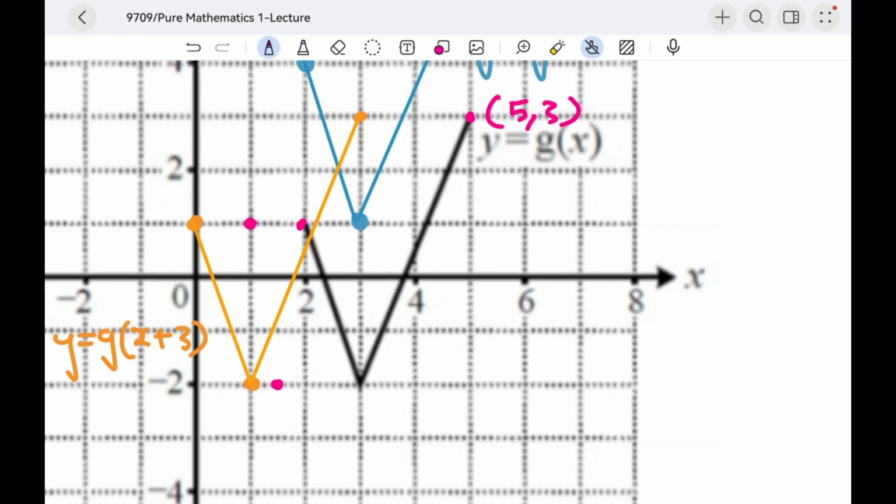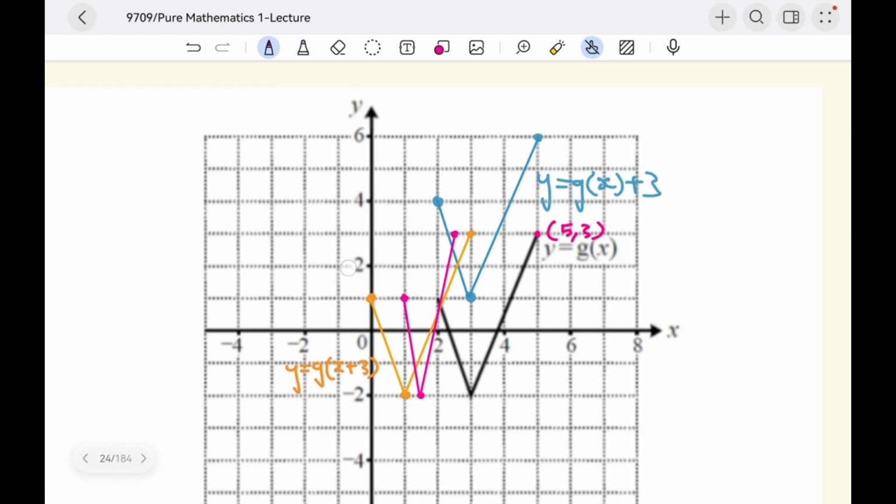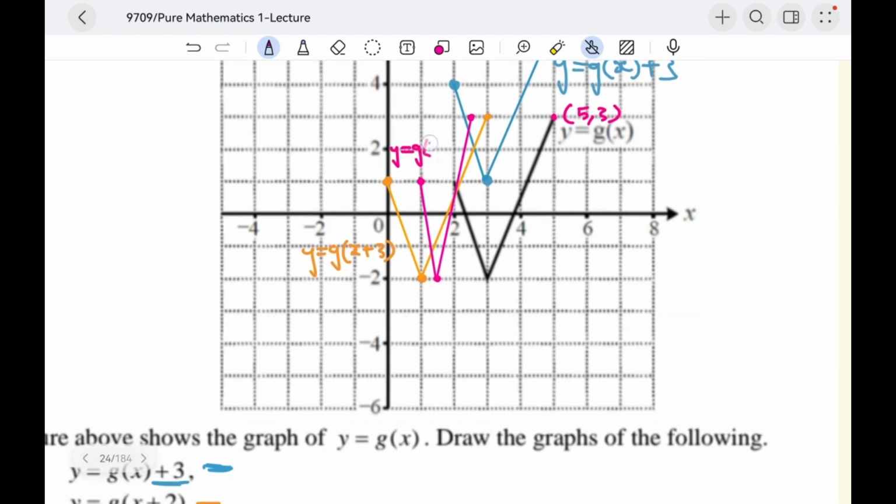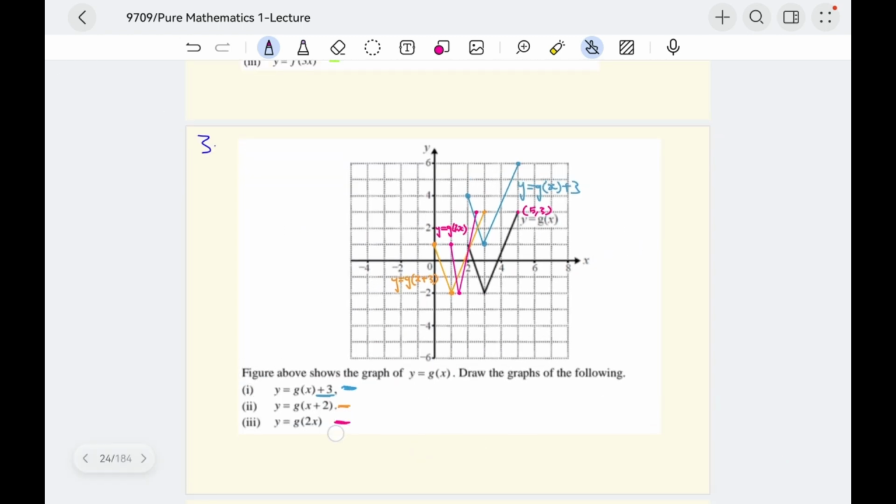Means that its new coordinate is 2.5, 3 because 5 over 2 is 2.5. So yeah, here is your new transformed graph. Y equals g of 2x. Okay, got it?